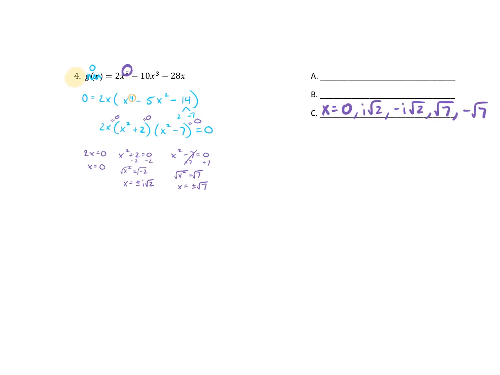If I wrote this in factored form, we'd have x times x plus i square root 2, x minus i square root 2, x plus square root 7, and x minus square root 7.